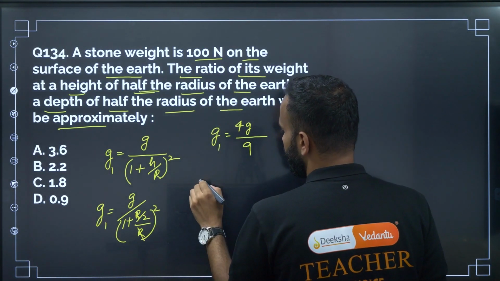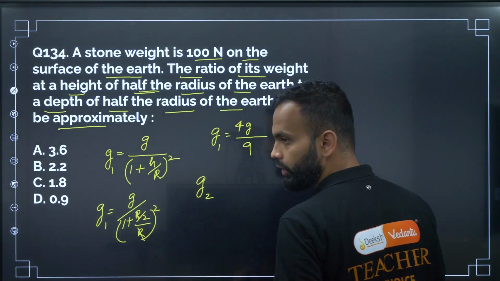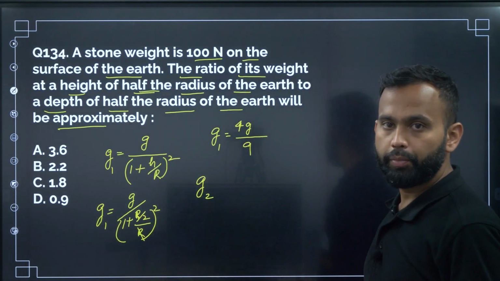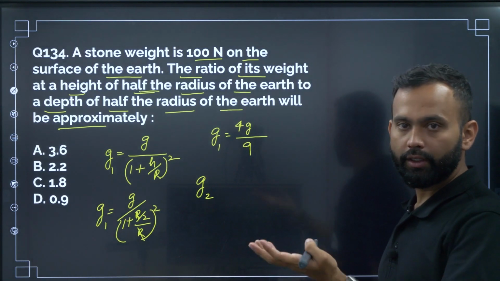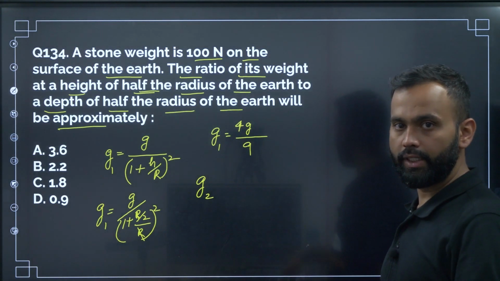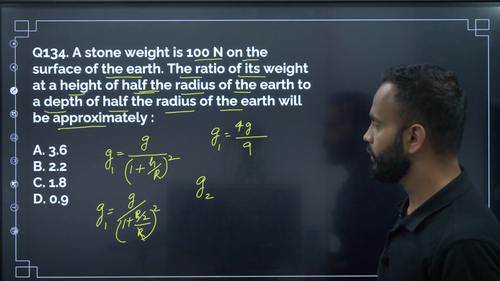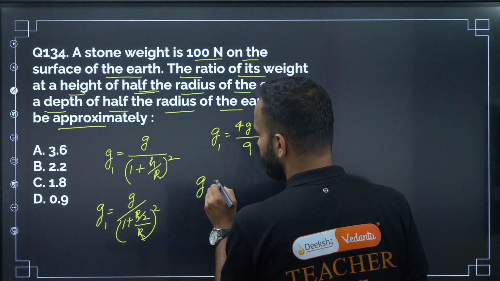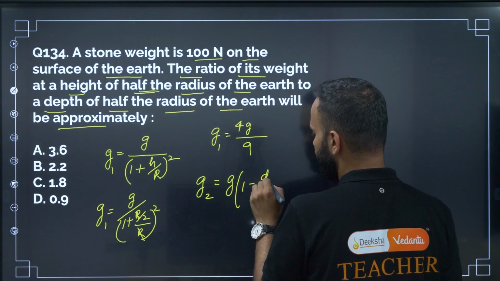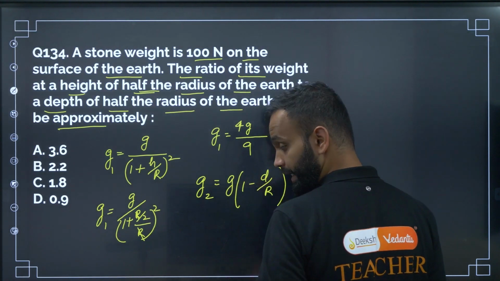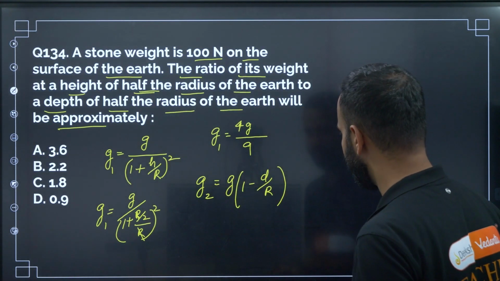Okay. So now g2 is the acceleration due to gravity below the surface of the earth. Okay, acceleration due to gravity changes as you move into the earth, right? So g2 is equal to, the formula is g into 1 minus d divided by r. What is d? D is depth, right?